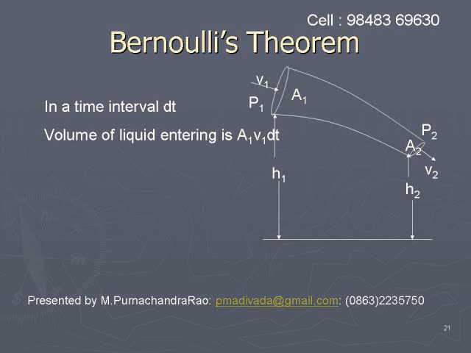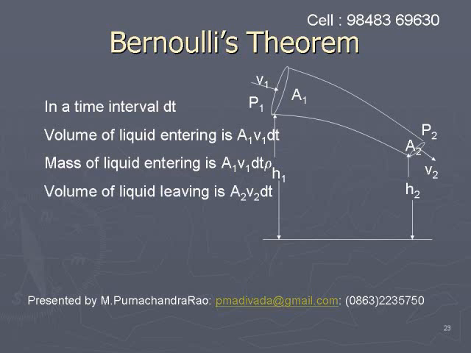In a small interval of time dt, the volume of the fluid entering the cross section A1 is A1 V1 dt. The mass of the fluid entering is volume multiplied by density, so A1 V1 dt rho is the mass entering A1.